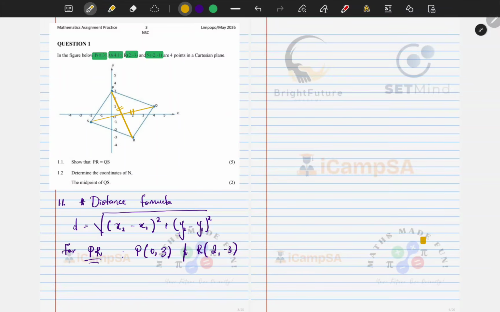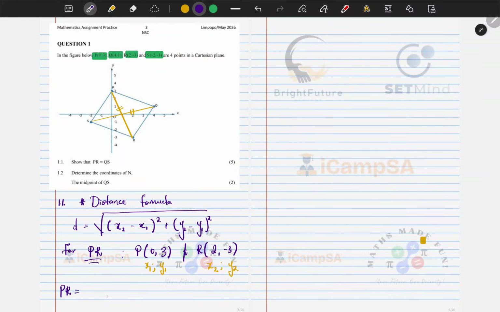Essentially it's going to be easy if you call this your x1, your x2, and then this is going to be your y1, your y2, right? So check the consistency here in how I name my variables.